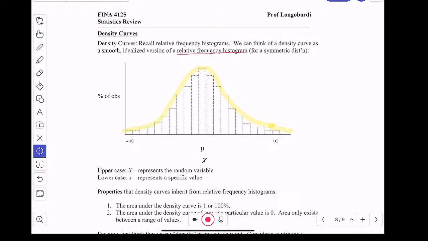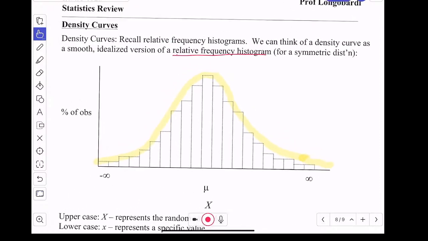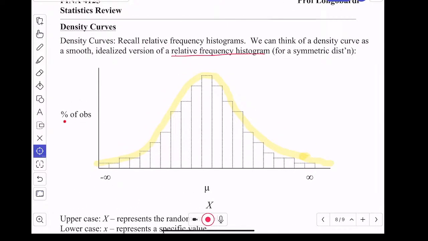And on the axis here, I refer to this as the percentage of observations in the height. So if I'm interested in how many observations are to the left of the mean, what would it be?